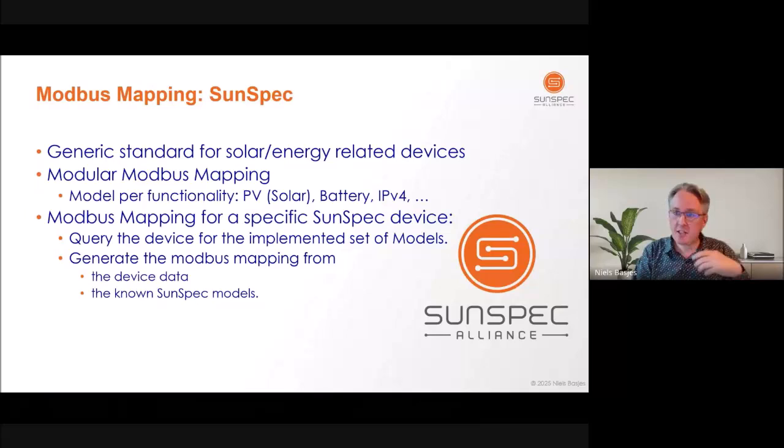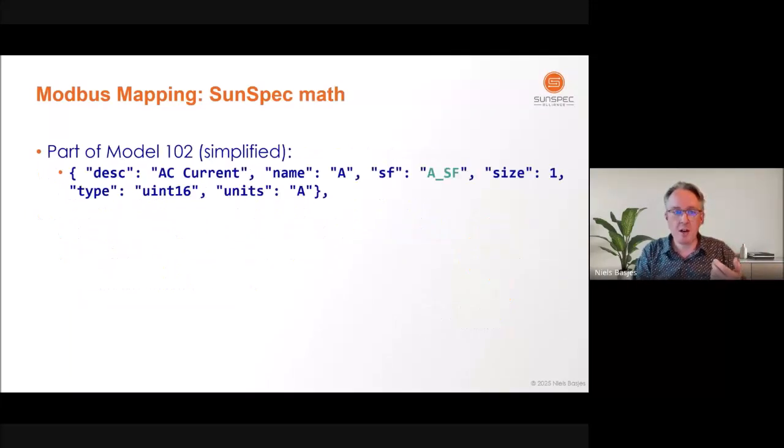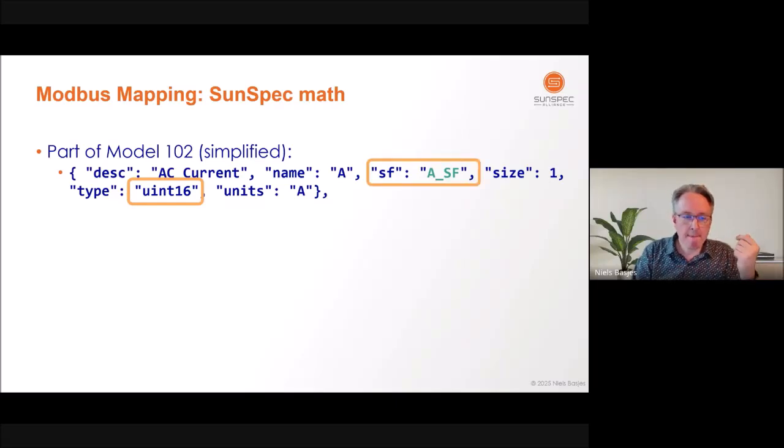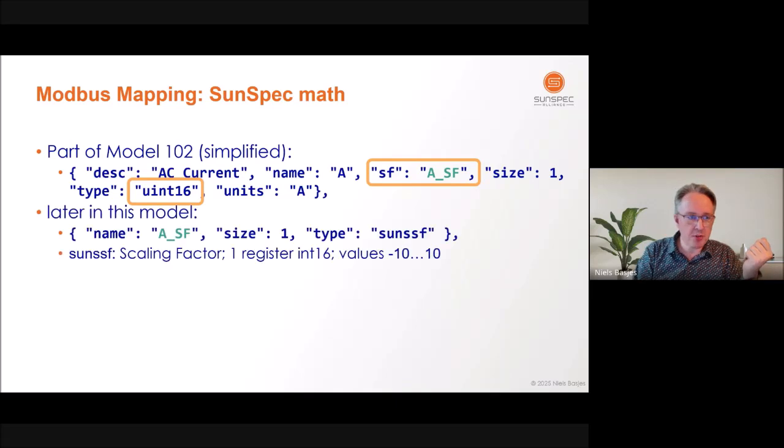And another thing is that, like in the other 2 examples, there is a current field somewhere. Well, in model 102, there is a current. And there they say it's an unsigned int16. Okay. And there is this, and that is actually a reference to a separate field in the model. And that is called a scaling factor. And it's a number between -10 and 10.